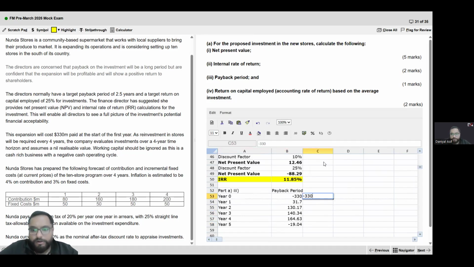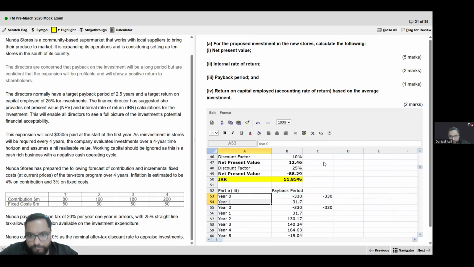At year 0, our payback is simple. Minus 330. Particulars, cash flow, remaining.